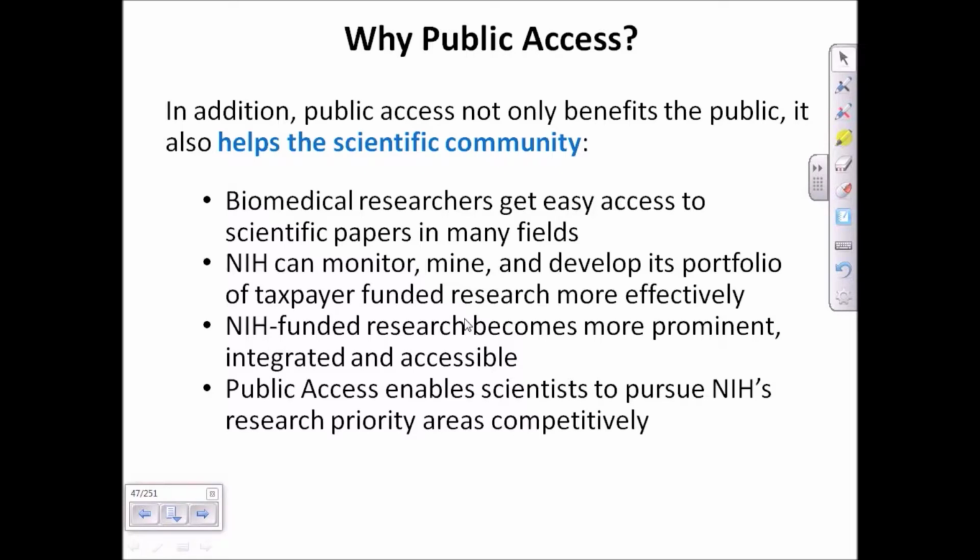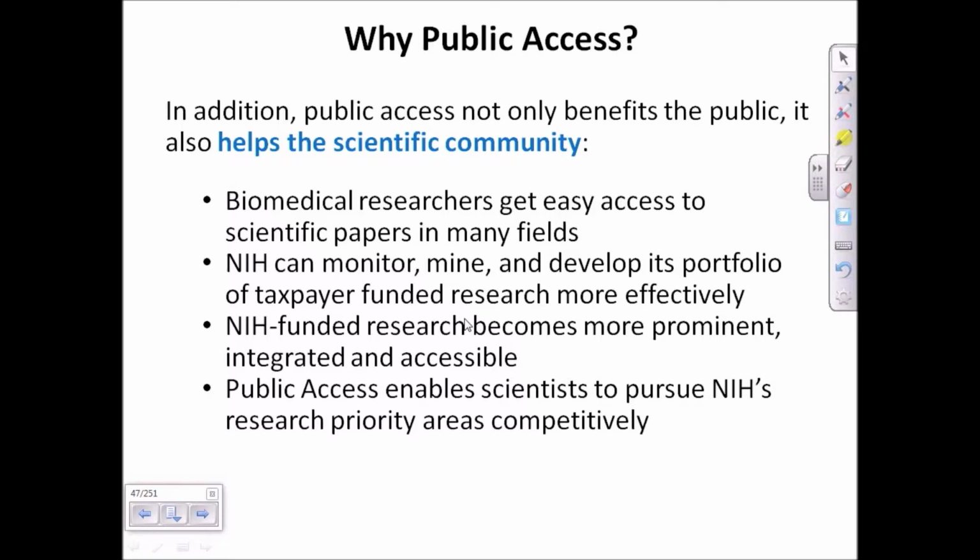So for example, if you're a PI and you are thinking about applying for a particular grant, let's say you're looking at an R01, and you want to know what are the areas that NIH is interested in. Or you want to know what are the areas where there's more work that needs to be done. There's only 1 or 2 studies on this one topic.